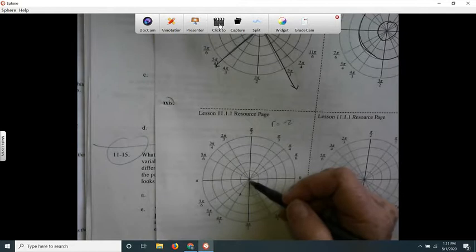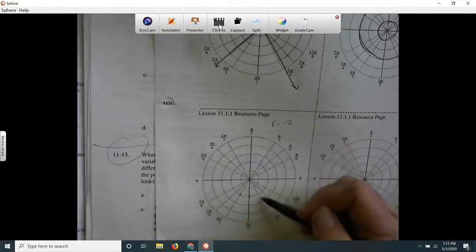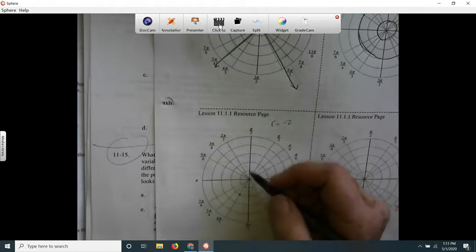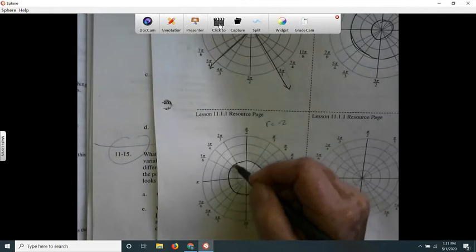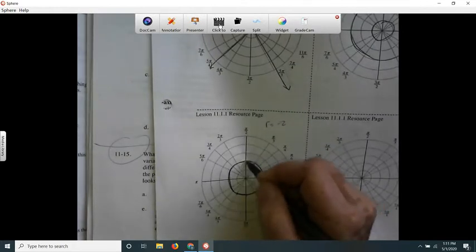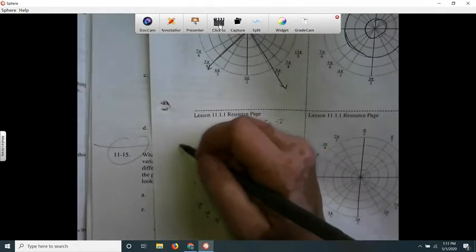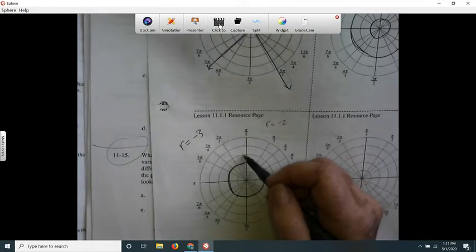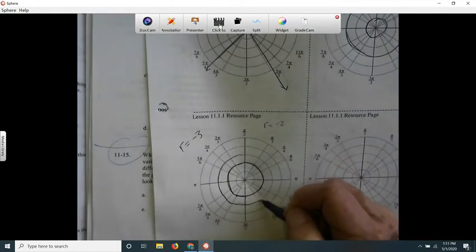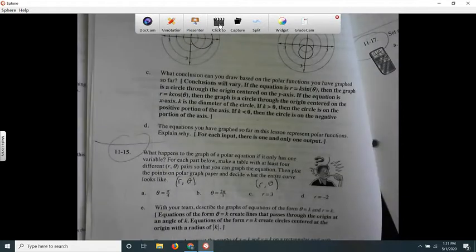Well, -2 would be down here. Whatever I pick, I can just go backwards by 2, and I'm still going to end up with a circle of radius 2. Okay, so r equals -2 would look like that. r equals -3 would just be a radius of 3. Hope that makes sense.